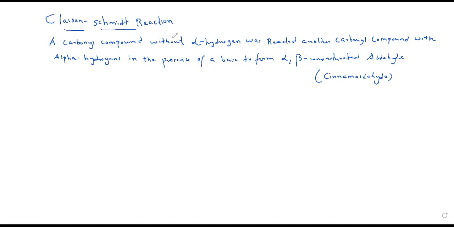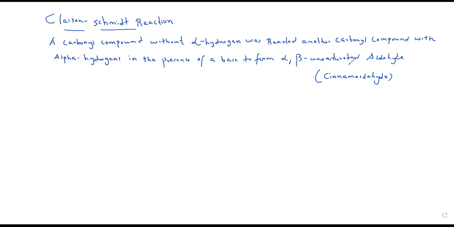Okay, now you see the reaction carefully. Claisen-Schmidt reaction is nothing but a carbonyl compound. You know, a carbonyl compound can be an aldehyde or a ketone. Without alpha hydrogen, I'll explain what are alpha hydrogens in the reaction, was reacted with another carbonyl compound with alpha hydrogen in the presence of a base to form alpha, beta unsaturated aldehyde, which is nothing but the cinnamaldehyde. In a very simple way, you are going to take two carbonyl compounds, right?